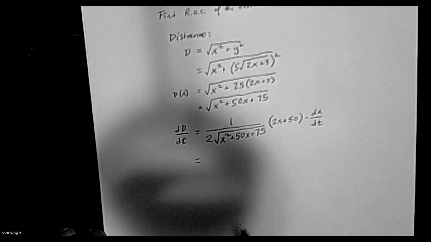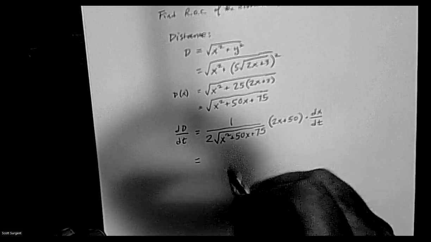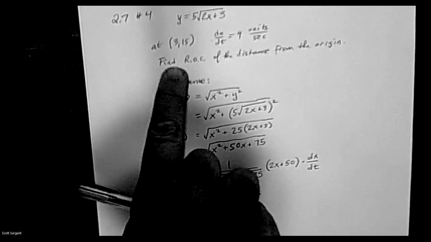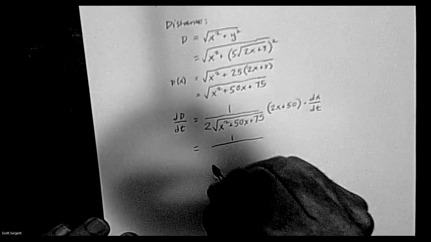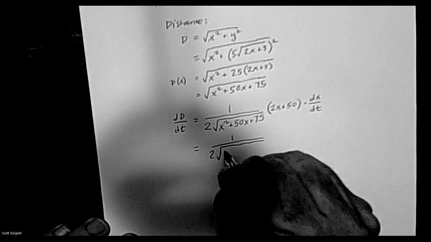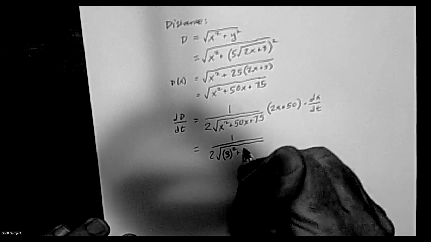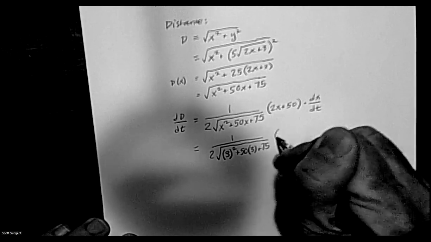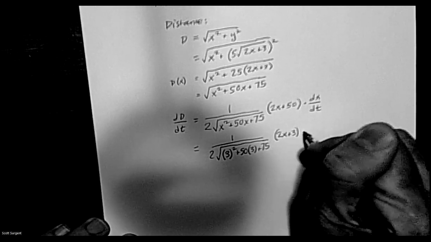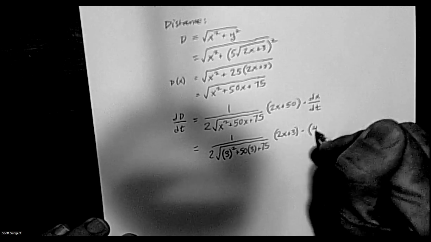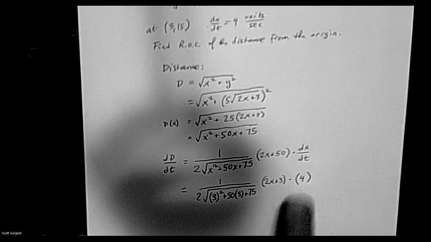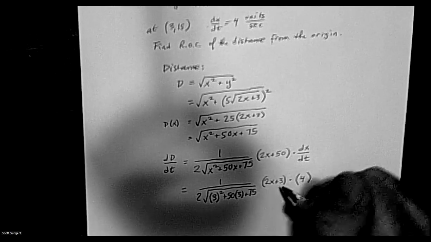All right, so let's work this thing out. At this point, I just need to plug in the numbers. I just got to plug in the three for x. And then the four comes from up here. That's your dx/dt. Oops, I forgot to put the three in here.